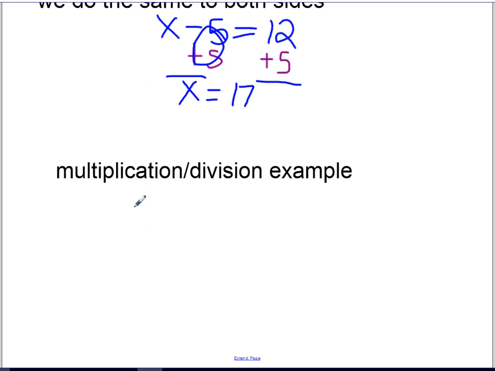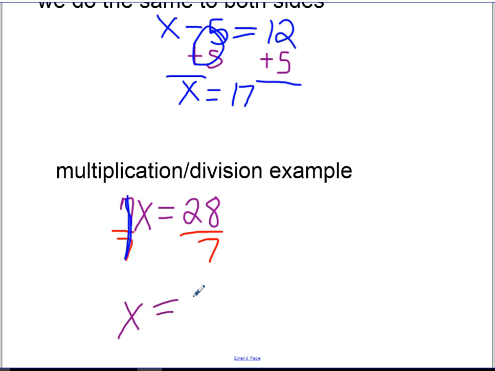And so if we had, for example, 7 times x equals 28, we can multiply both sides by 1/7 if we want to think of multiplication, which is the same thing as dividing by 7. And then again, 7 divided by 7 gives us 1 there. So 1x is just x, and that equals 4.